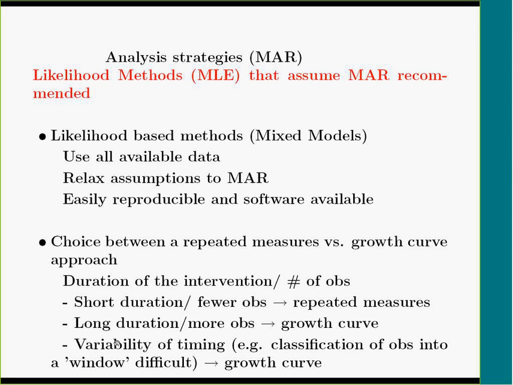If you have a long duration study and more observations, you're going to work with the growth curve type models. And when you have a lot of variation in the timing of the assessments, it's difficult to classify the observations into a window of time that would correspond to the repeated measures, so you're going to use the curve.